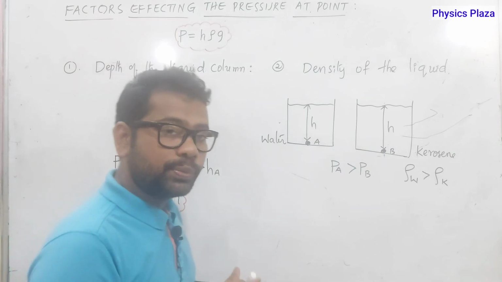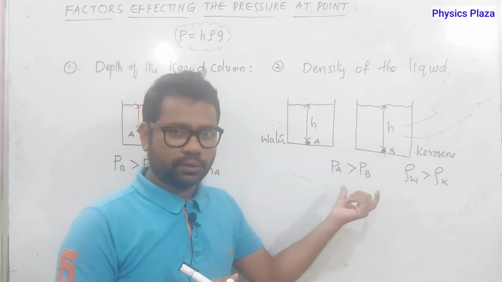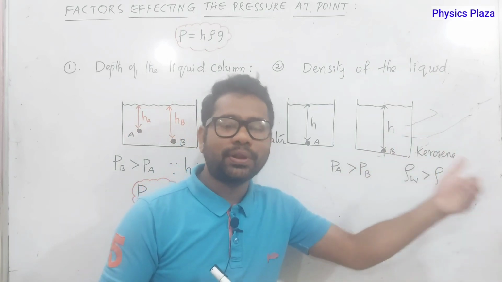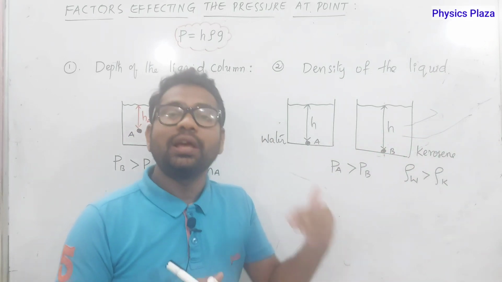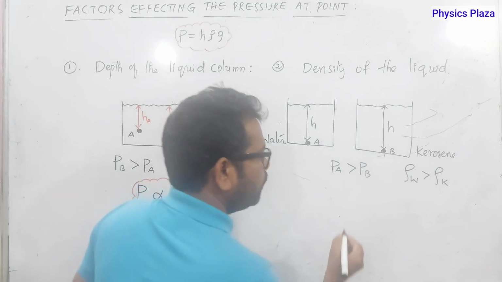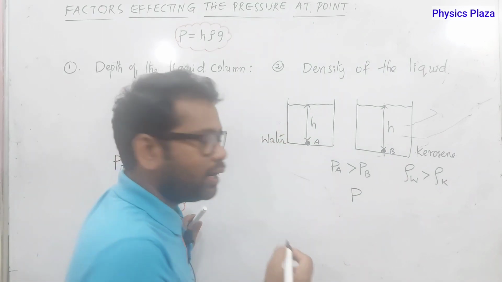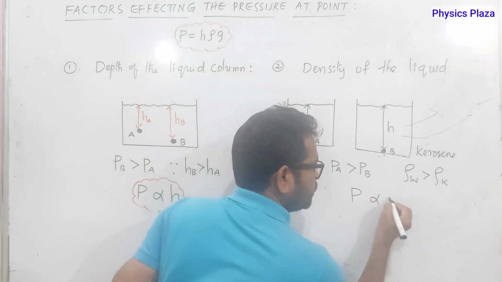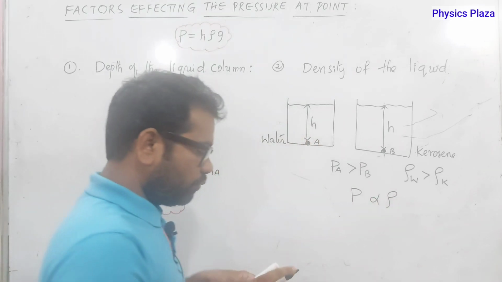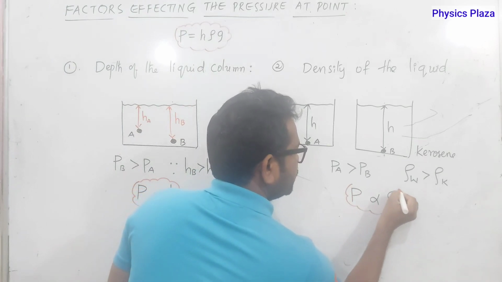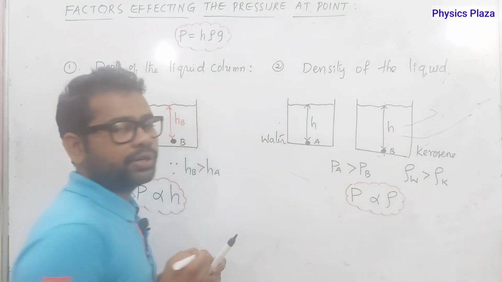Which means, for a given depth, the more the density of the liquid, the more the pressure; the less the density, the less the pressure. So we can conclude that the pressure exerted by the liquid is directly proportional to the density.